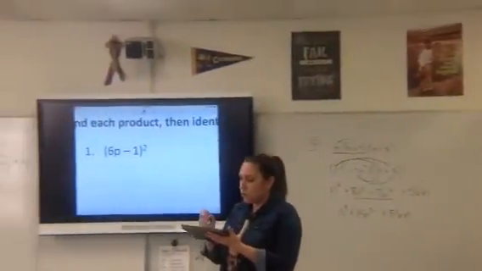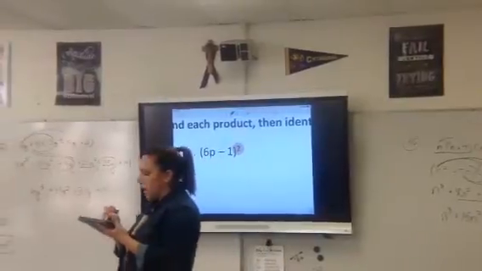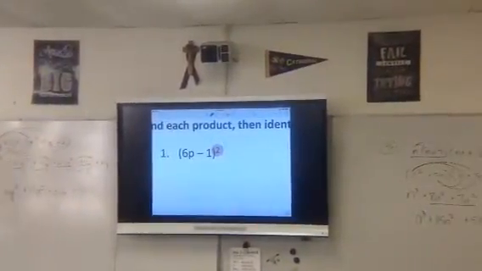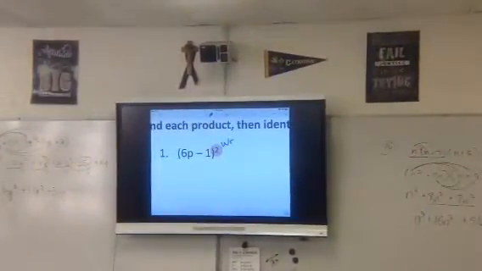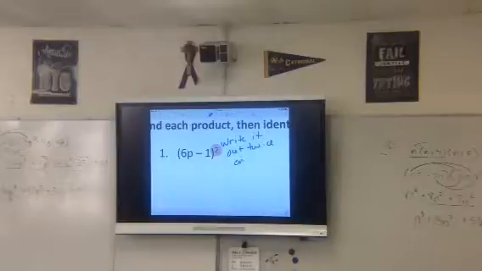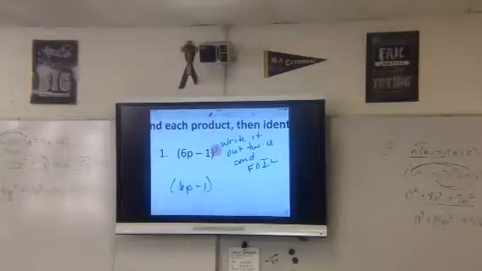So this squared right here means, write it out twice. And FOIL. Okay, so write it out twice and FOIL. So we're going to take 6p minus 1 times 6p minus 1.